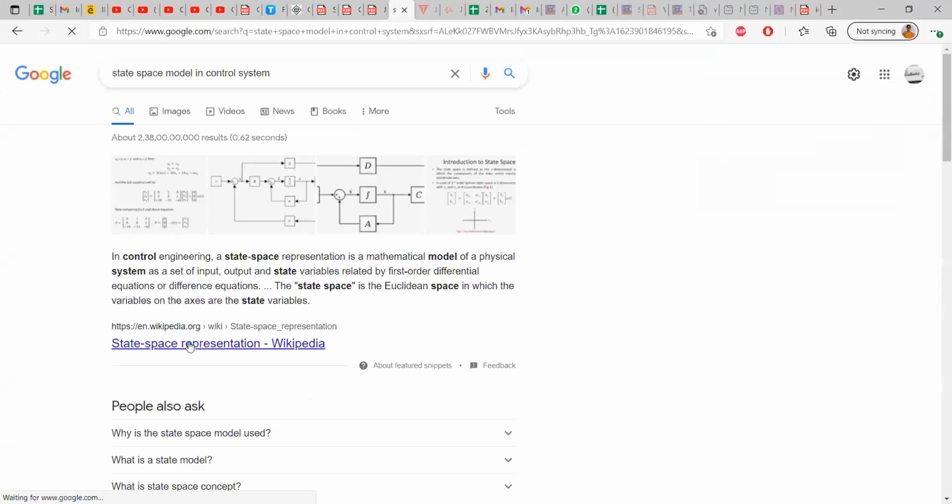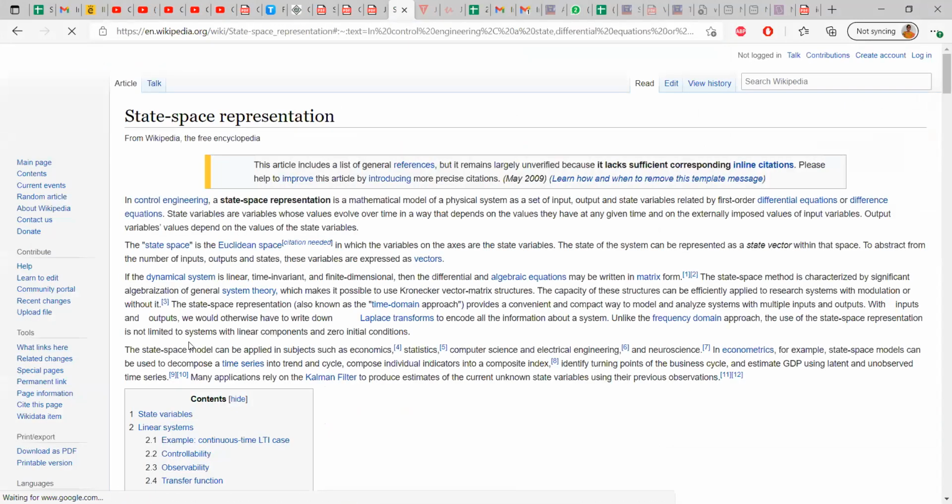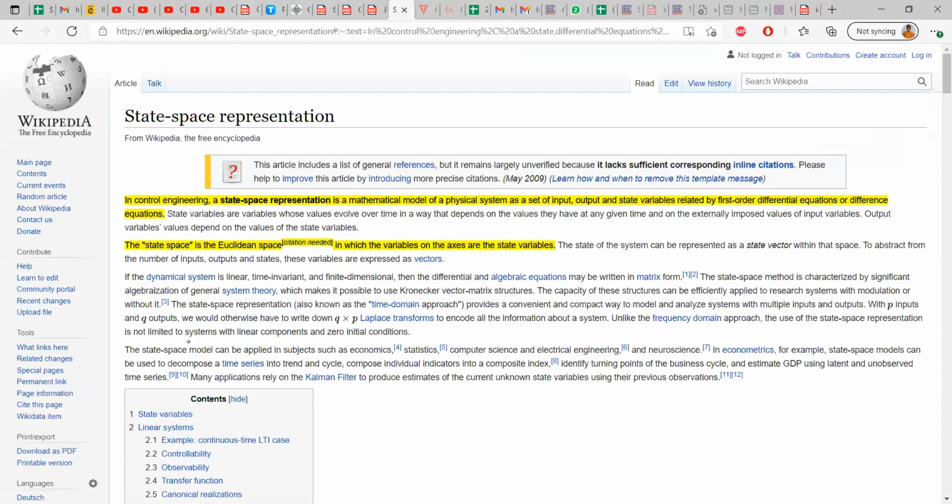So what is the basic definition of state space analysis? If you observe this highlighted one: in control engineering, a state space representation is the mathematical model of a physical system as a set of input, output, and state variables related by first order differential equations or difference equations.